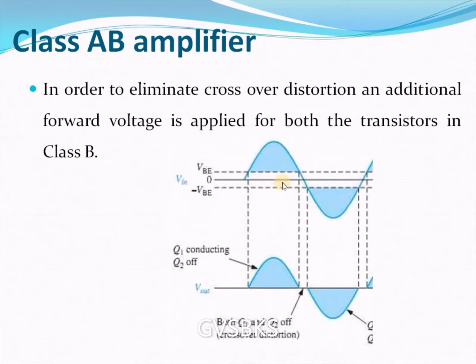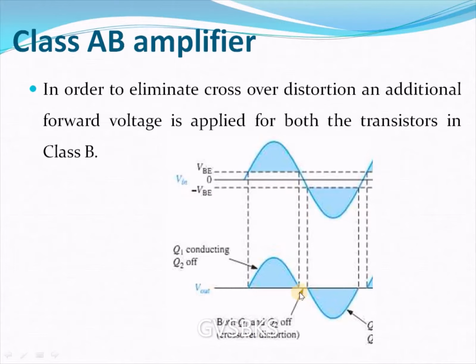Both transistors present in the push-pull amplifier will be in off state when the voltage lies between 0.7 volts and minus 0.7 volts. In this range, both transistors will be in off state because of the lack of cut-in voltage to switch on the transistors.